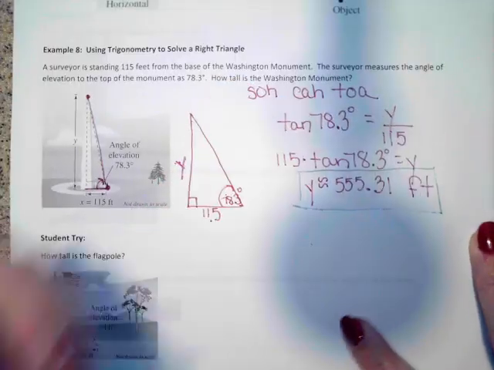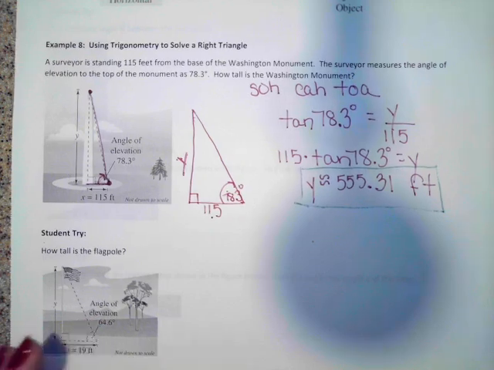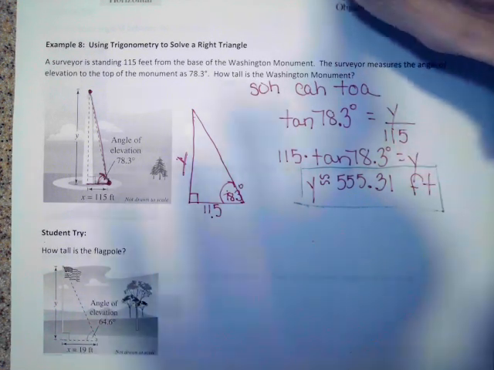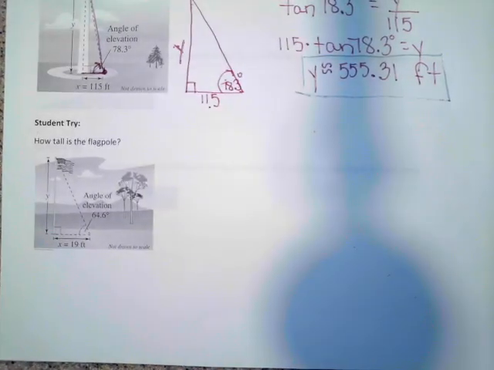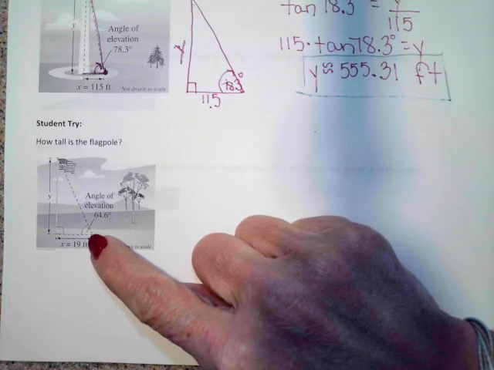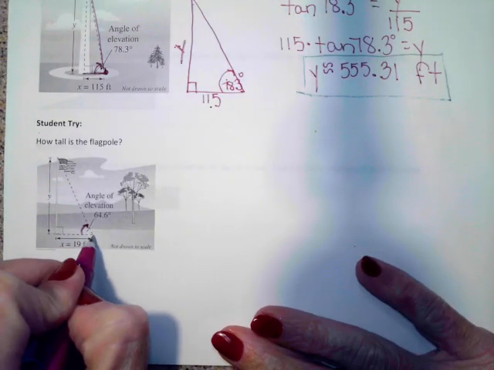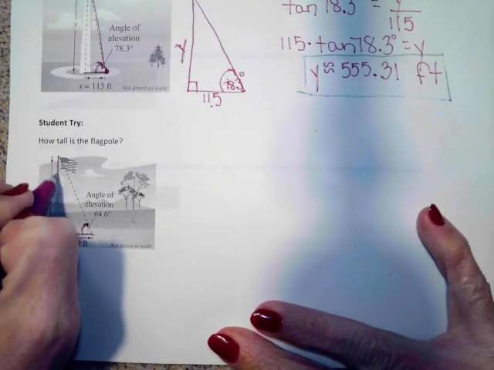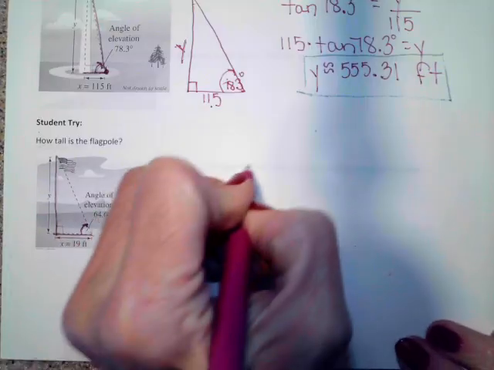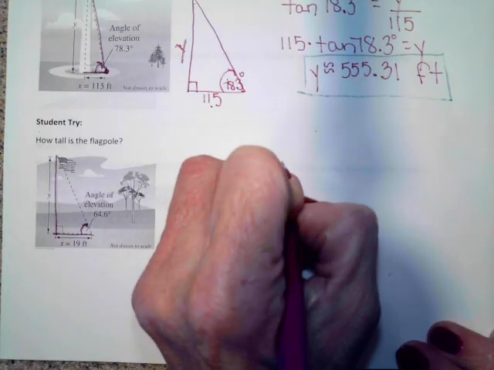Now you try the next problem. So you should pause your video so you can do the next problem and then watch it back to see if you are correct. So the next problem, from the angle of elevation, again, we have adjacent and we have opposite. So we're going to use tangent as our trig function.